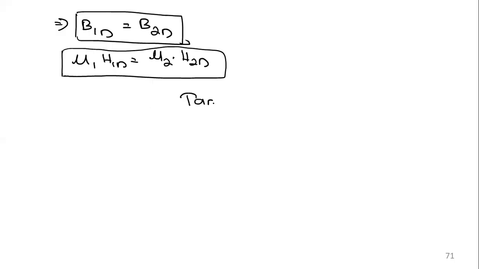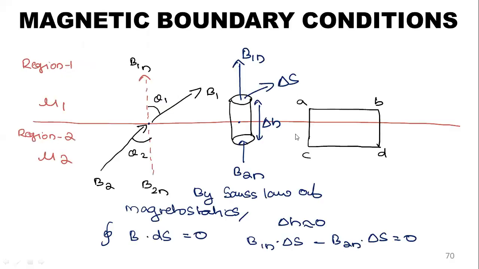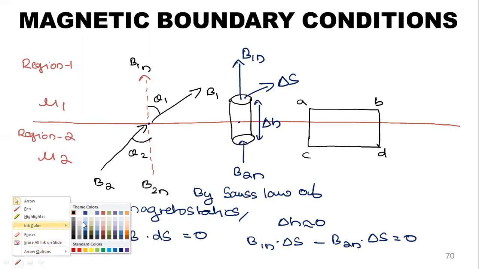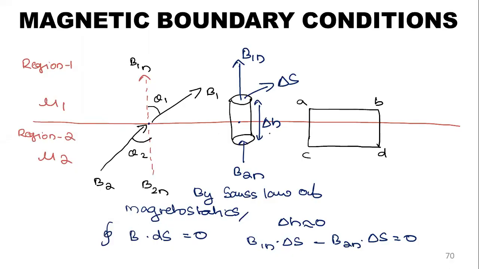Now, when it comes to the tangential component, we have this figure here. We consider a rectangular shape. When you consider a rectangular shape, you know the normal component acts upward or downward.